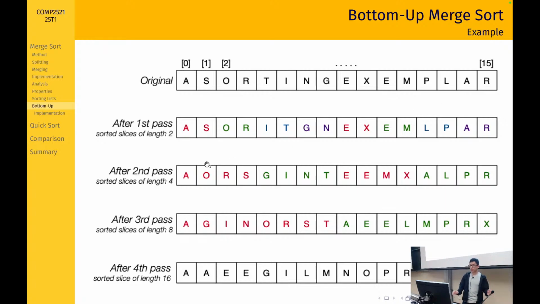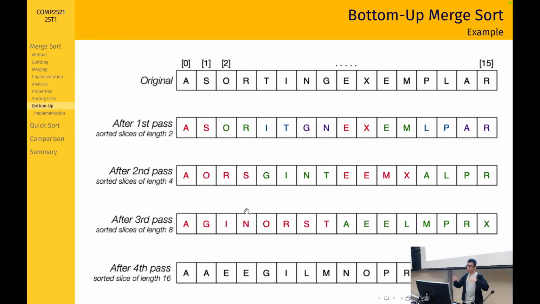And then next, it takes pairs of subarrays of size 2, and then it merges them into arrays of size 4, right? So for AS and OR, it merges those into AORS. For IT and GN, it merges them into GINT, and so on, right, all the way down the array.